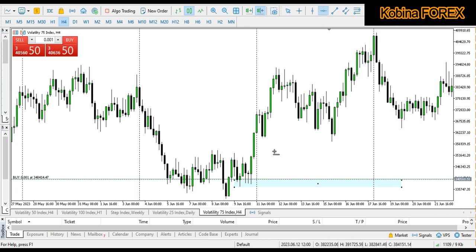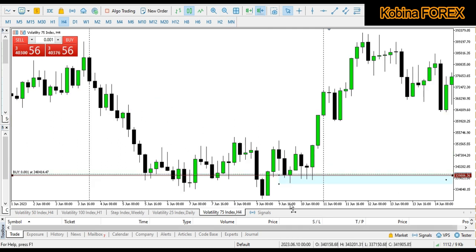So quickly, let me put my lines for you to see clearly. You could see that right on the body of this candle to where the wick is, price couldn't penetrate into the wick. It couldn't trade below this wick.